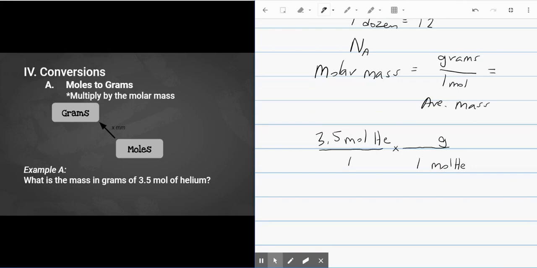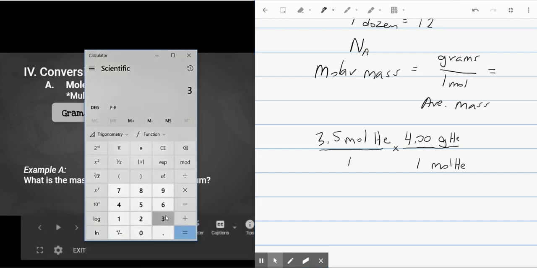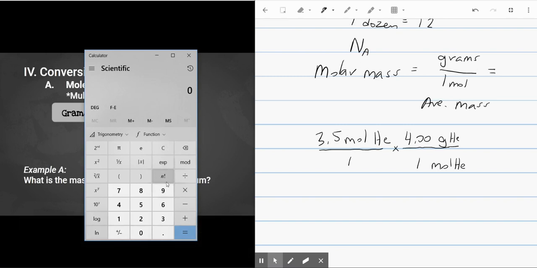Okay, so there are 4.00 grams of helium in 1 mole of helium. So mathematically, all we're doing here is multiplying. Okay, 3.5 times 4, which gives me 14.